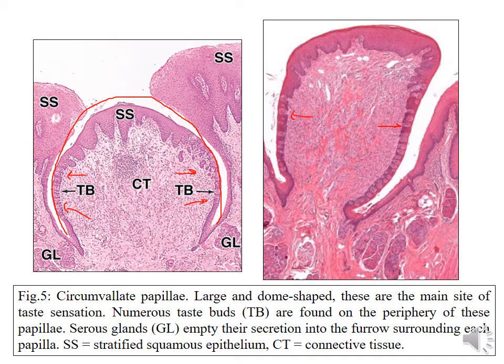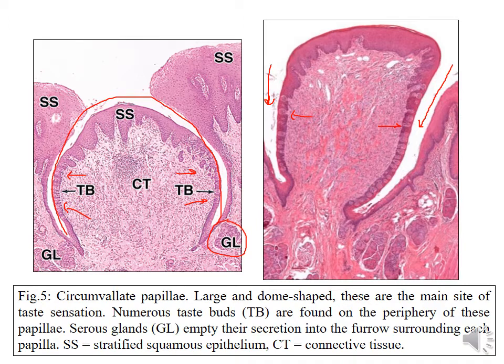Also, we have serous glands found nearby, and they empty their secretions into the furrows surrounding these papillae. So as you can see here, we have some kind of depression or a furrow surrounding the papillae, and within it, the serous glands produce their secretions.